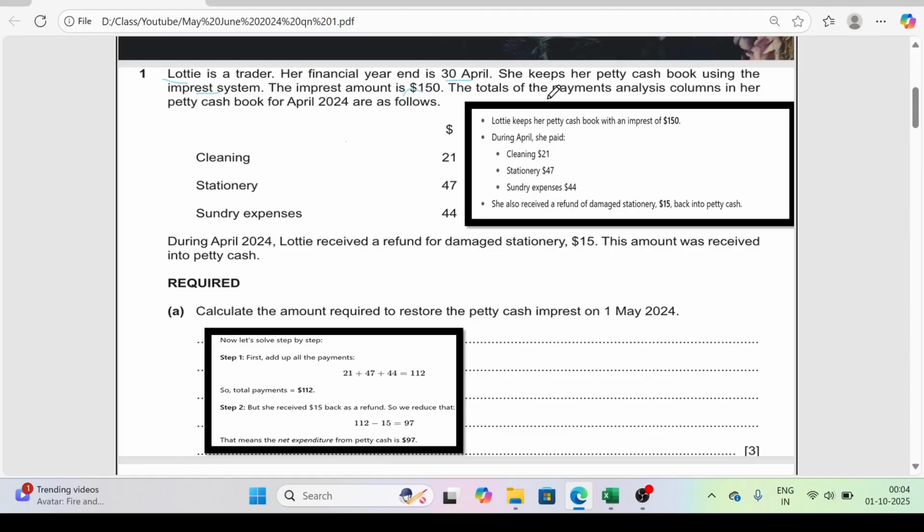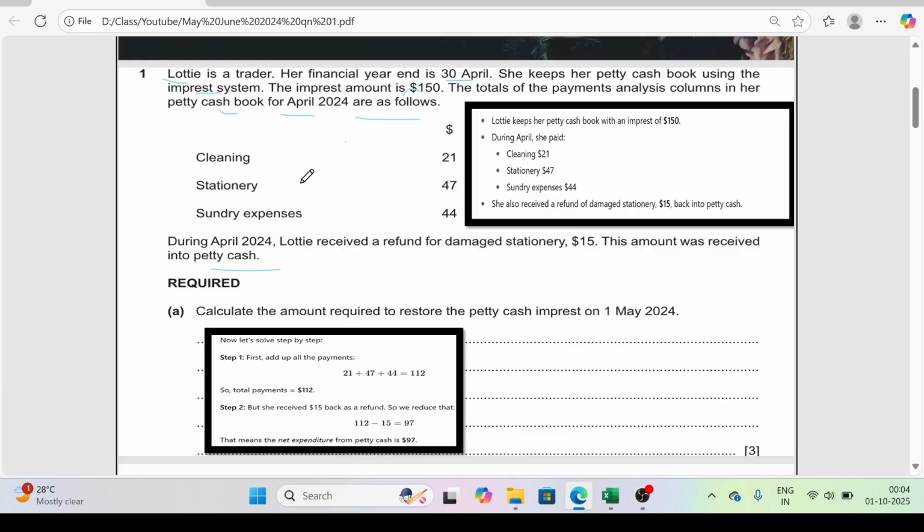The totals of the payments analysis columns in her petty cash book for April 2024 are as follows: cleaning $21, stationery $47, sundry expenses $44. During April 2024, Loti received a refund for damaged stationery, $15. This amount was received into petty cash.